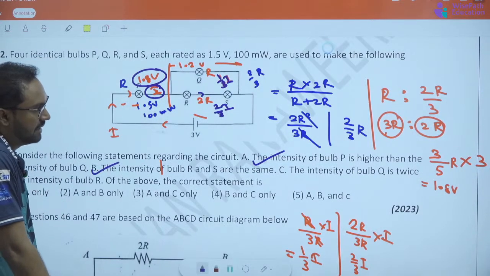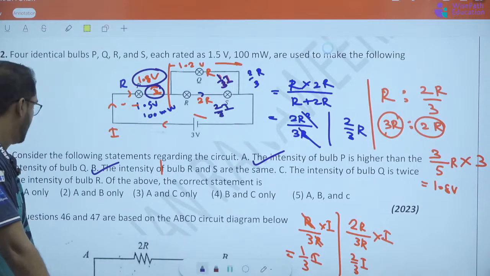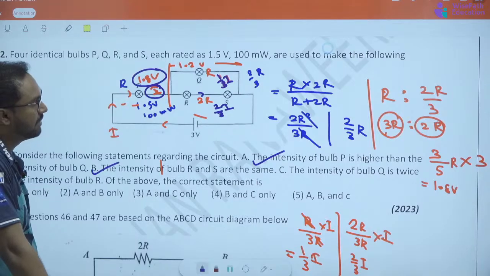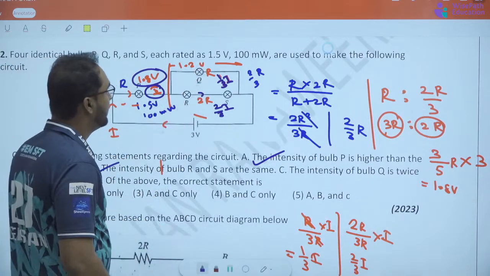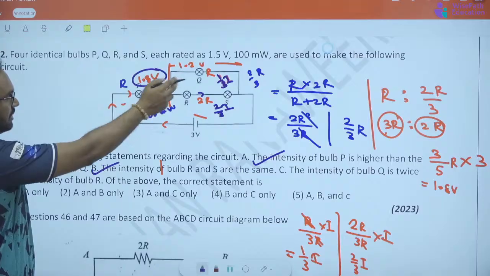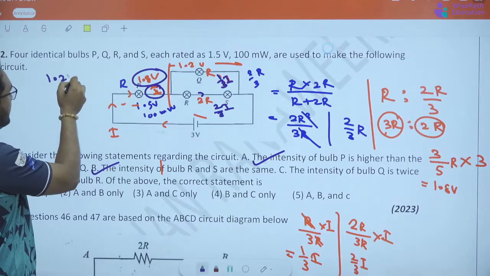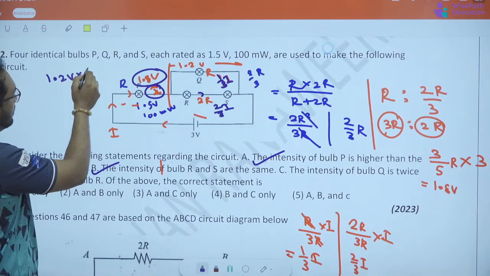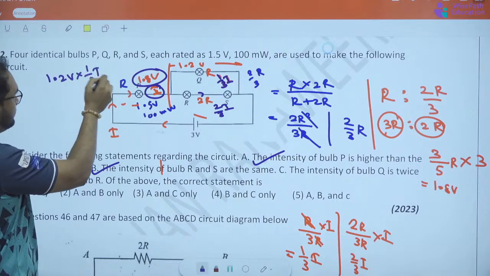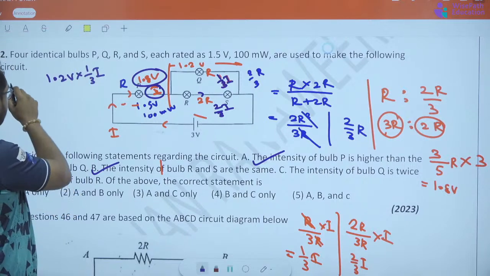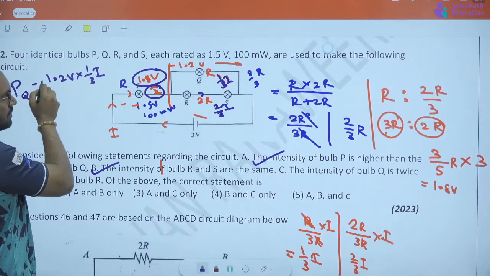Statement C, the intensity of bulb Q is twice the intensity of bulb R. If we compare the intensity of bulb Q, that should be 1.2 V into 1/3 of I. That is the power of Q, VI, right?